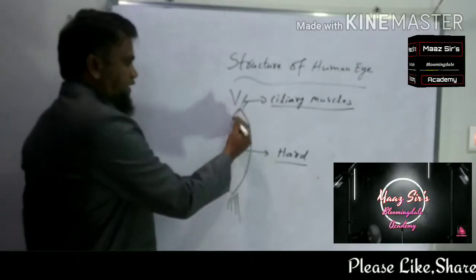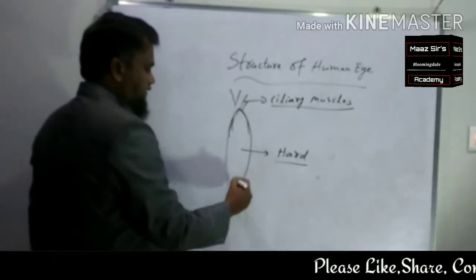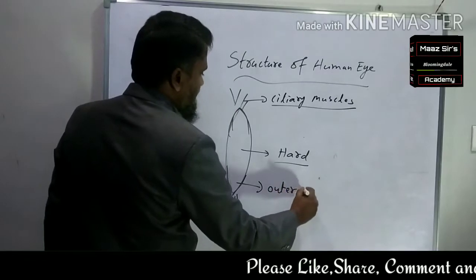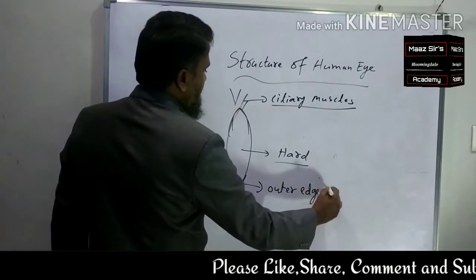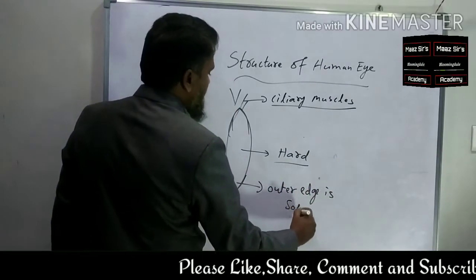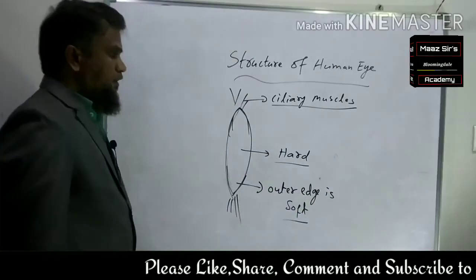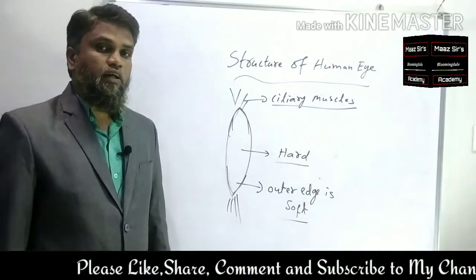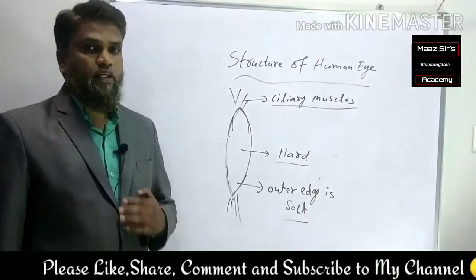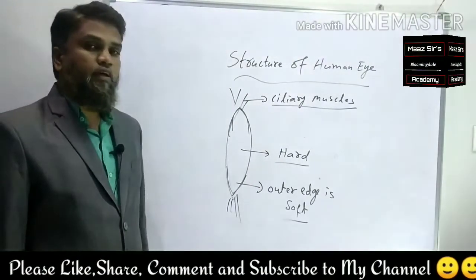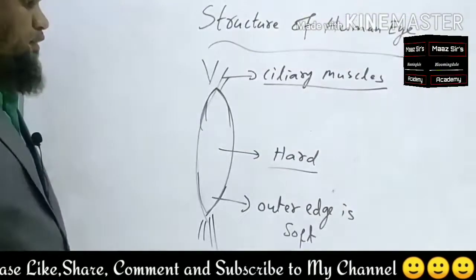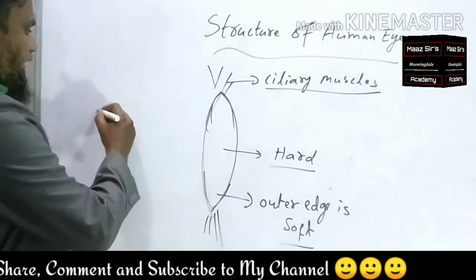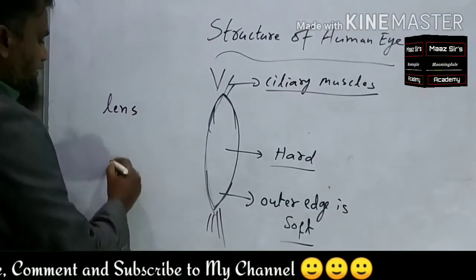When you come towards the outer edges, it is soft. So can you say what type of lens it is? It is a biconvex lens, and the distance between the lens and the retina.